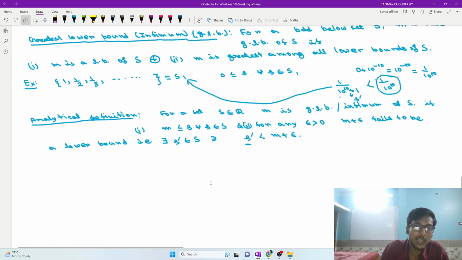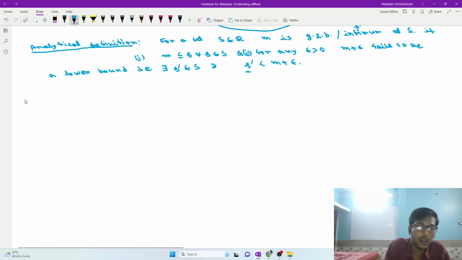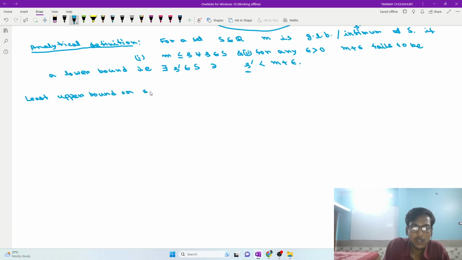So similarly, we have the concept of least upper bound, or supremum. It has another name, supremum of a bounded above set.